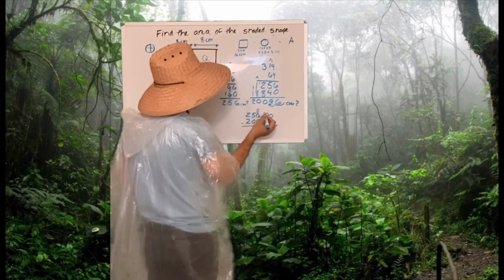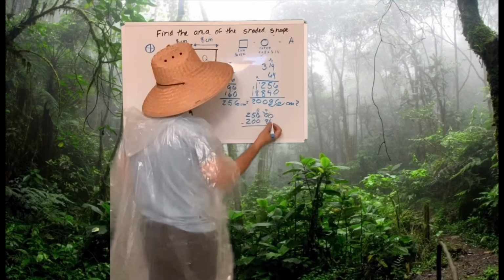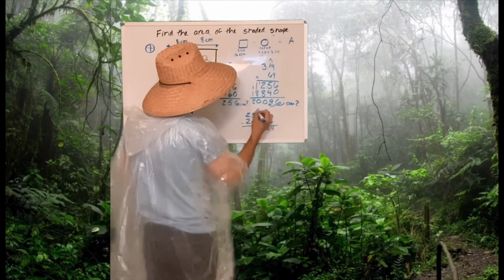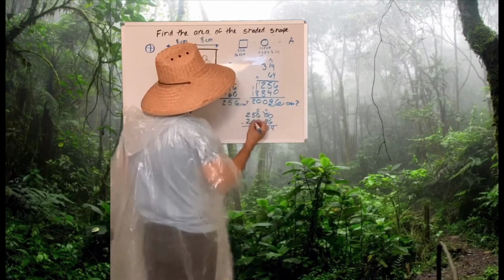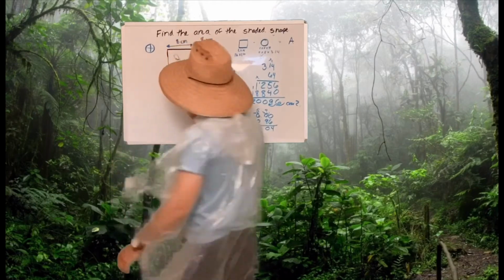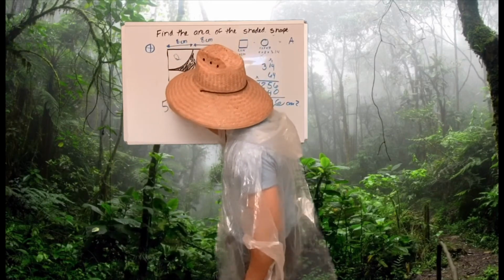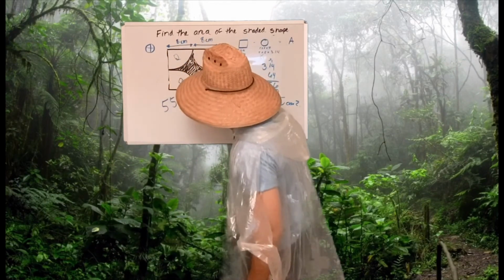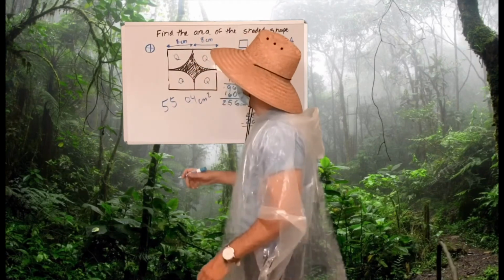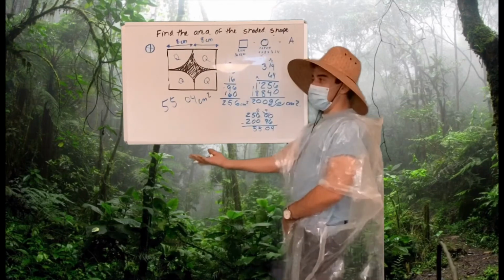This is 5, 10, borrow and regroup. 10 minus 6 is 4, 9 minus 9 is 0, 5 minus 0 is 5, 5 minus 0 is 5, and 2 minus 2 is 0. So our answer for this shaded figure is 55.04 centimeters squared. Go ahead and take a picture.